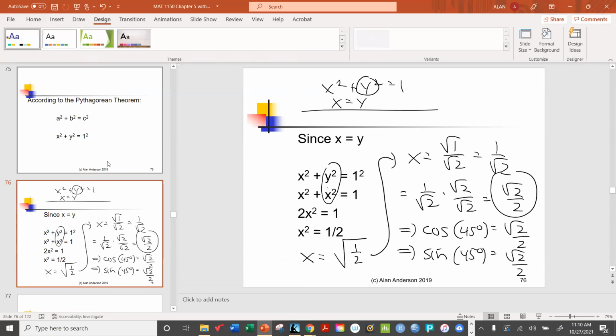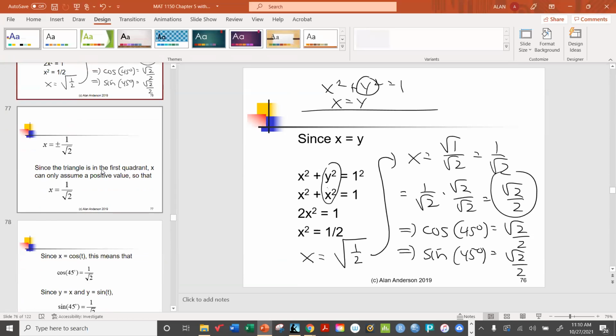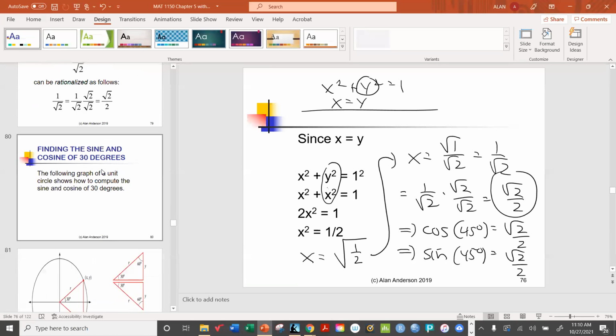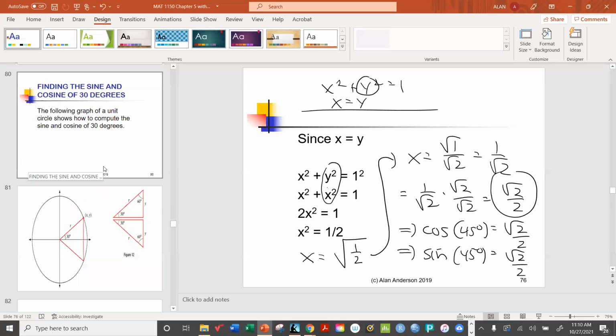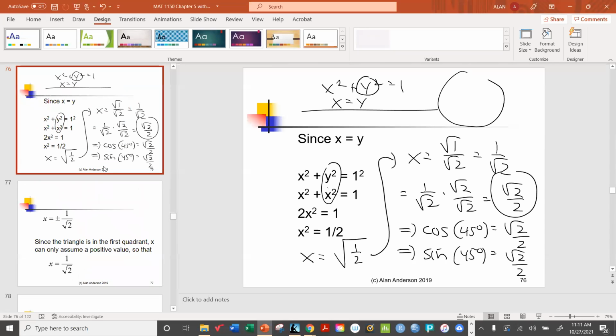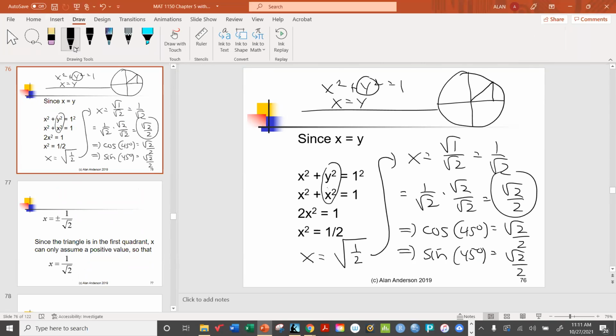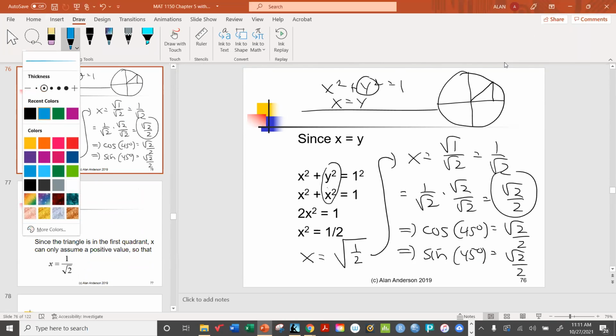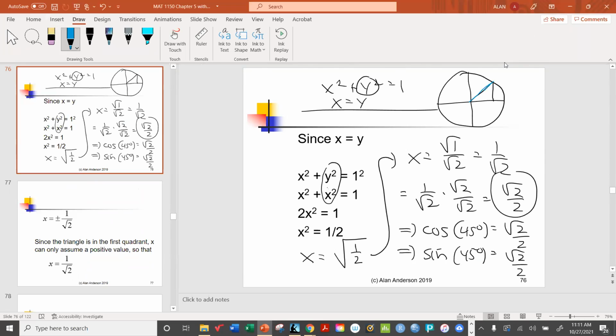So we end up with a right triangle that looks like this. Maybe that's a little too small. Let me draw it in the next slide.